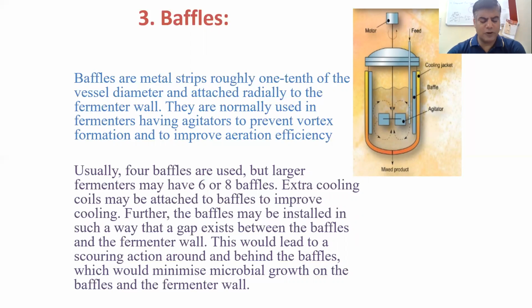The important function of baffles is to break the vortex formed during the agitation process by the impeller. If this vortex is not broken, the fermentation media may spill out of the fermenter, and this may result in contamination of the nutrients and the media, which makes a huge problem.